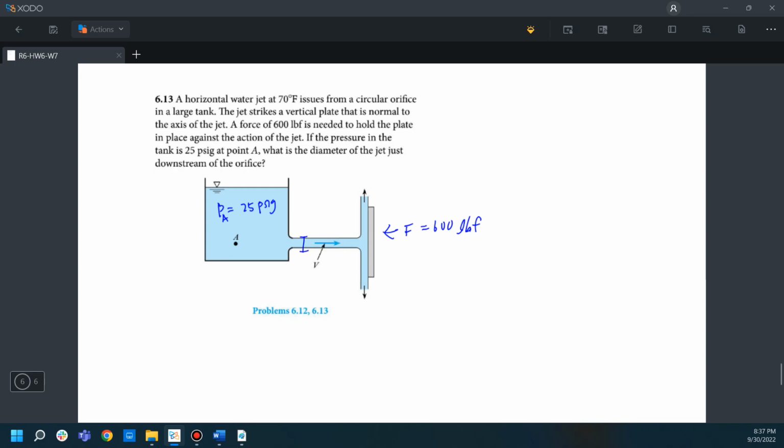So we want to solve this diameter here, which is denoted as this lowercase d.